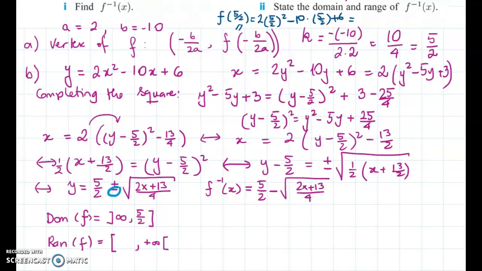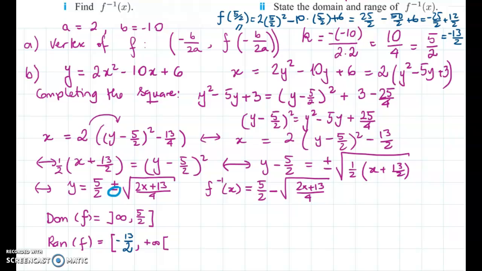And this is 25 over 2 minus 50 over 2 plus 6. So minus 25 over 2 plus 12 over 2. Sorry, I'm running out of space. Negative 13 over 2. So that's where the range of the original function starts, and we need to include that point.